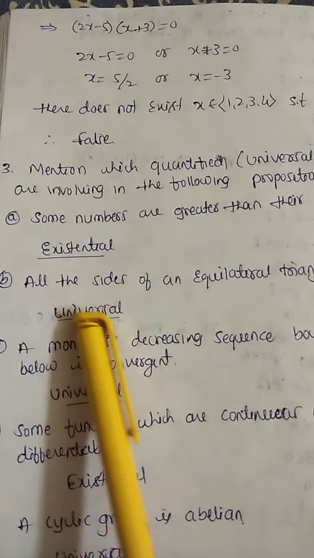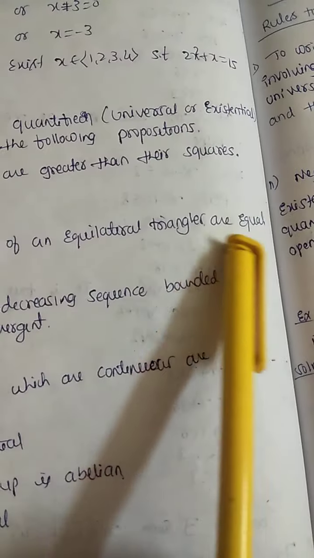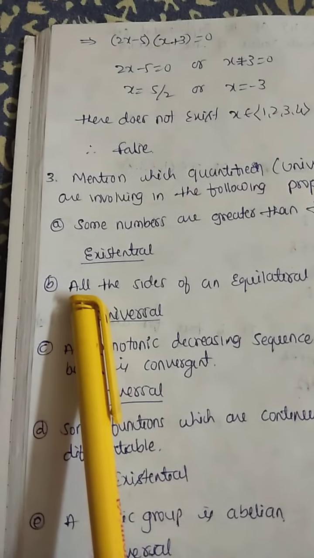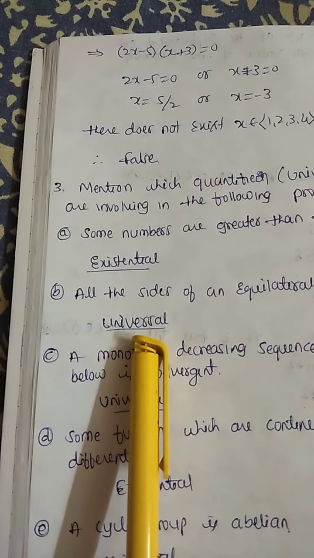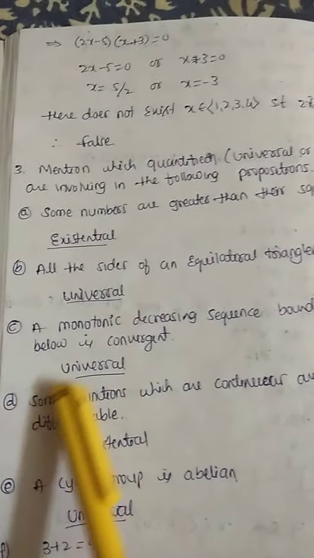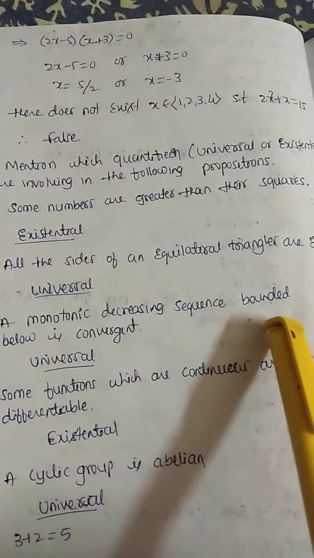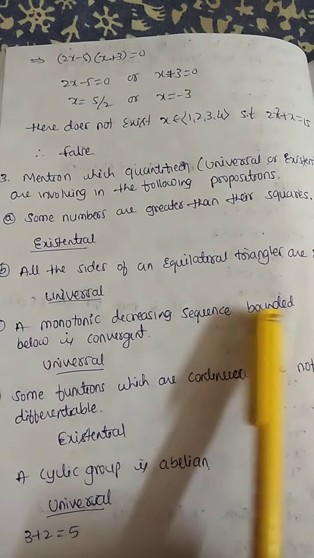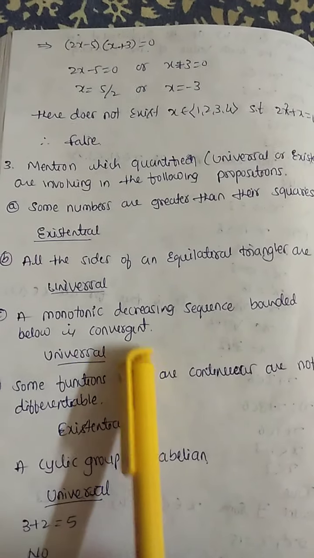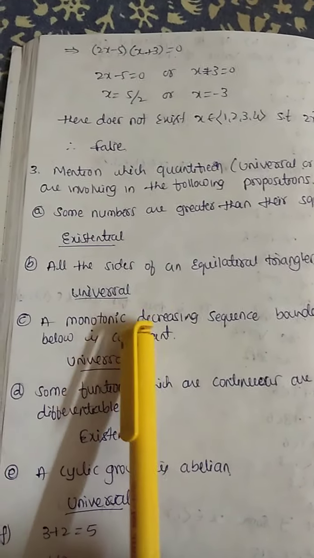Second: all the sides of an equilateral triangle are equal. Here, 'all the sides' is a universal quantifier. Third one: a monotonic decreasing sequence bounded below is convergent. This is universal; this is the universal truth.